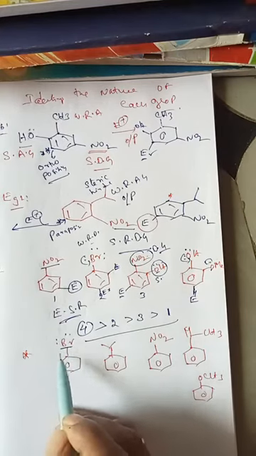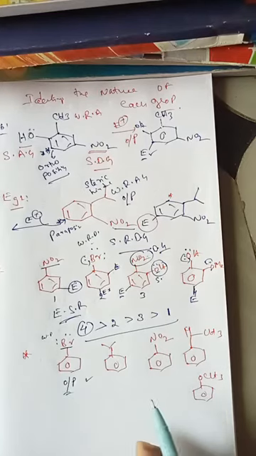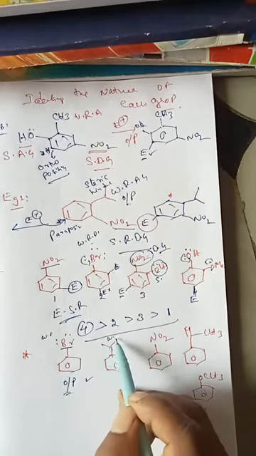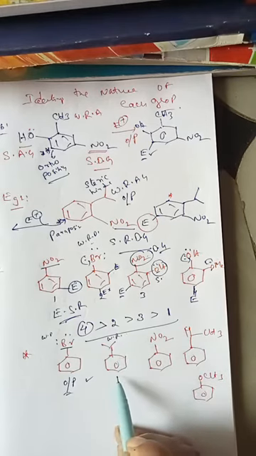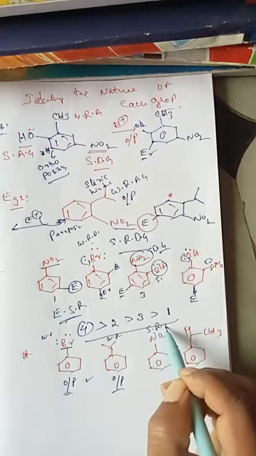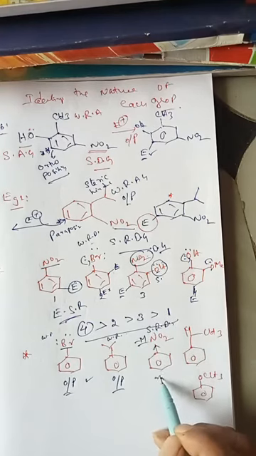Bromine is a weak ring deactivating group, so it undergoes ortho or para substitution, and this is a weak ring activating group, so this is also an ortho para directing group. This is a strong ring deactivating group, an electron-withdrawing minus M group, so it is a meta directing group.